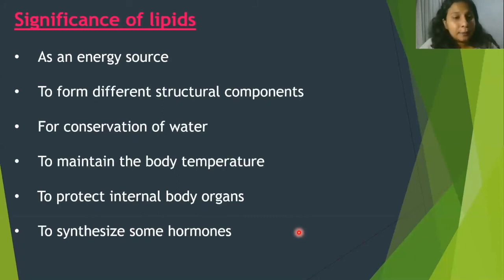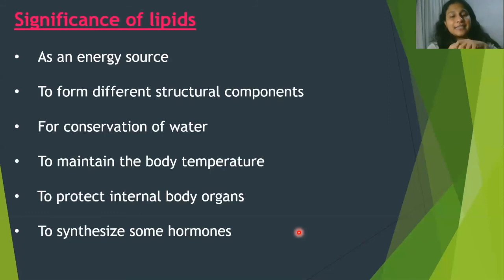And then to protect internal body organs, there is always a fat layer underneath our skin. It always absorbs shocks, right? Just think, if your head hits somewhere, there is a lipid layer under your skull, so it always absorbs that shock.